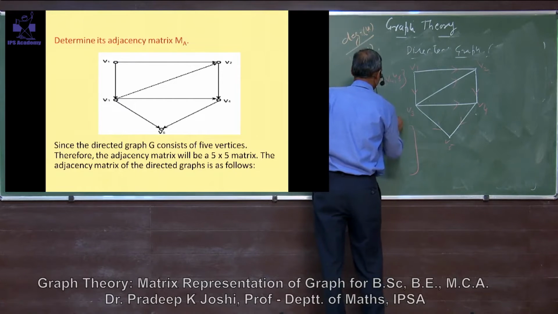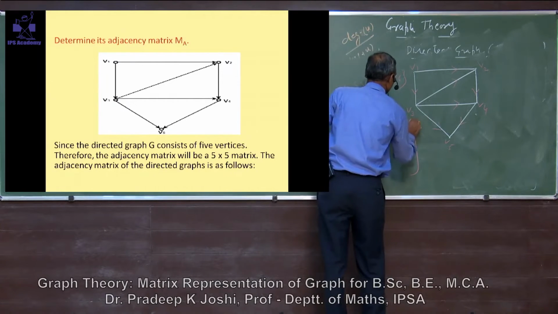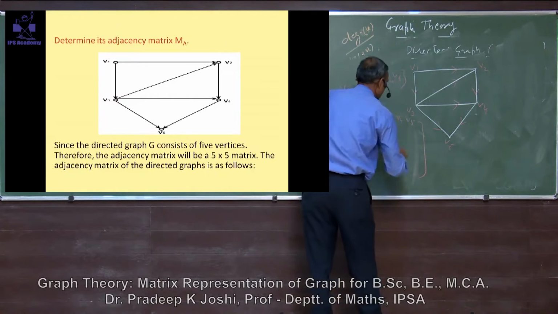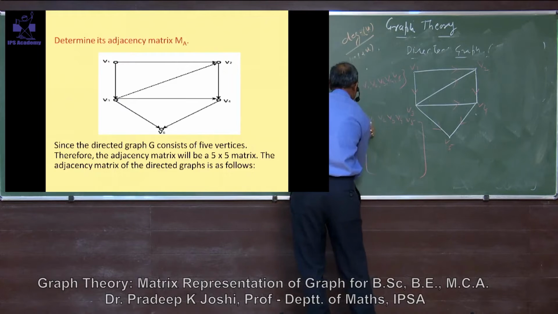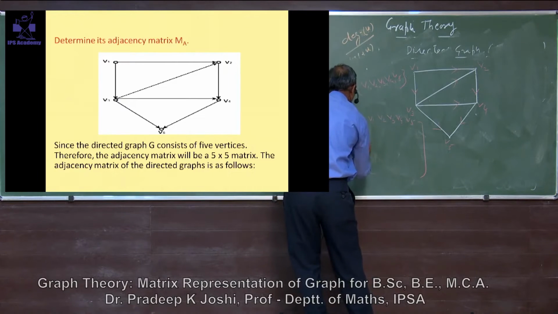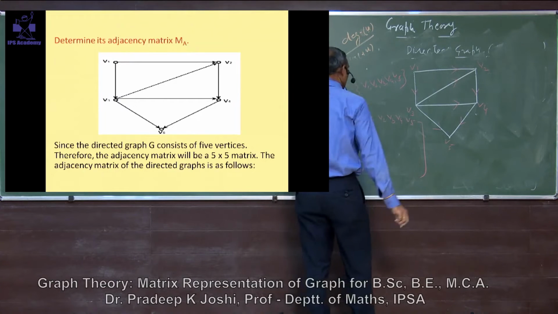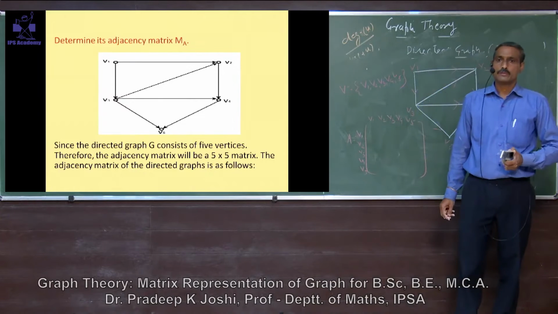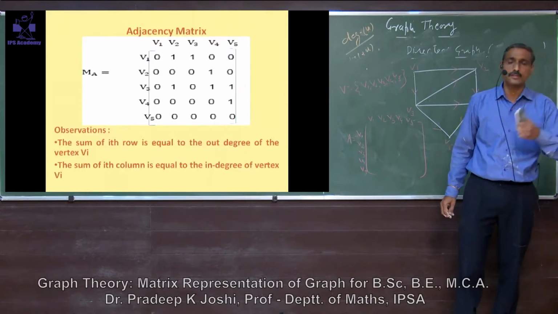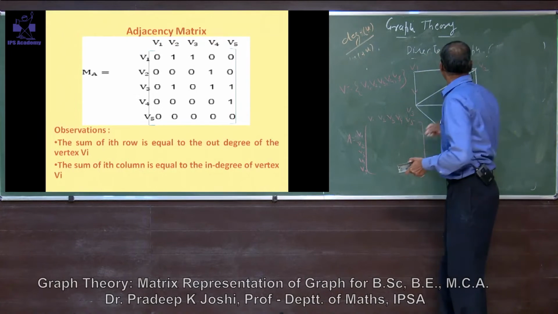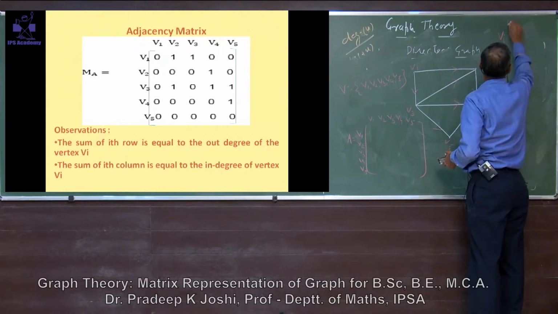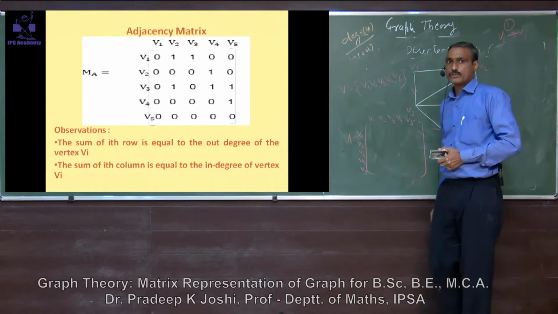So V1, V2, V3, V4 and V5 for the rows, and V1, V2, V3, V4 and V5 for the columns. So when we put 1, if Vi to Vj, then put 1, otherwise 0.